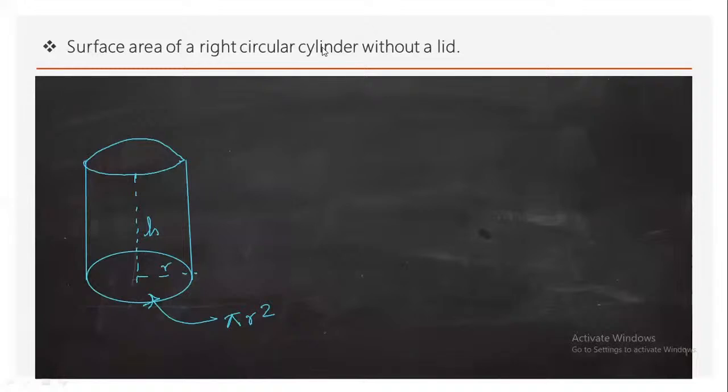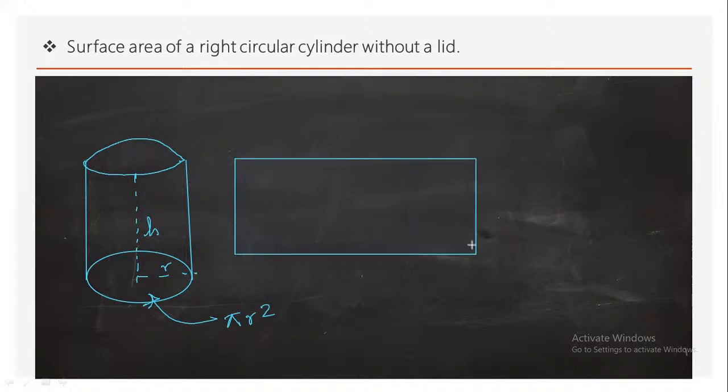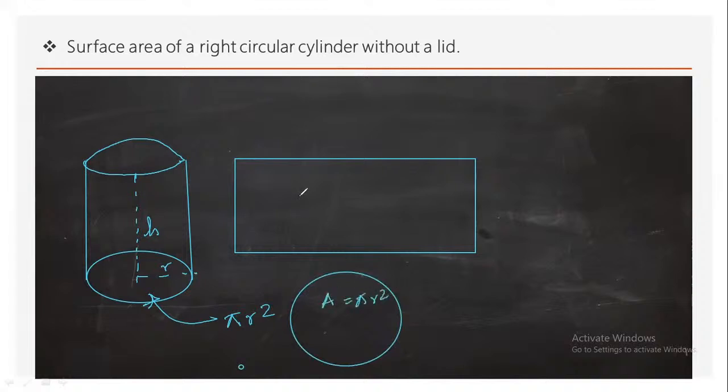This consists of only one circular part and one rectangular part. The circular part area is pi r squared, and the rectangular area is h into 2 pi r, so 2 pi r h.